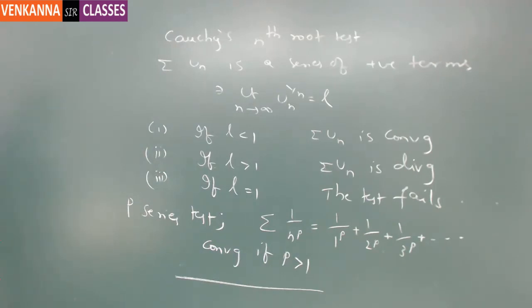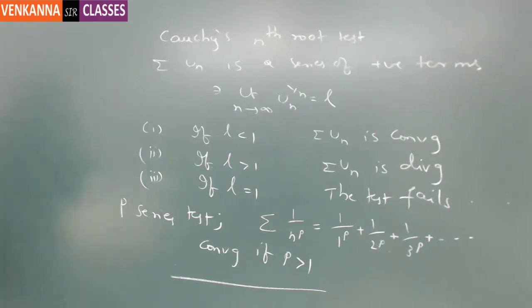P-series test says that if you take a series of the form summation 1 by n power p, that equals 1 by 1 power p plus 1 by 2 power p plus 1 by 3 power p and so on, then that sum is a finite value if p is greater than 1. So please take a note of this. So can I give the other? Okay.